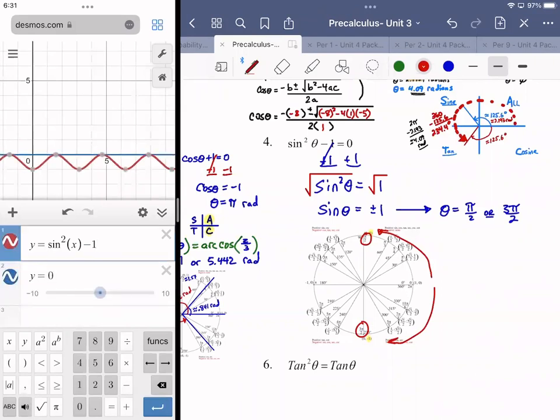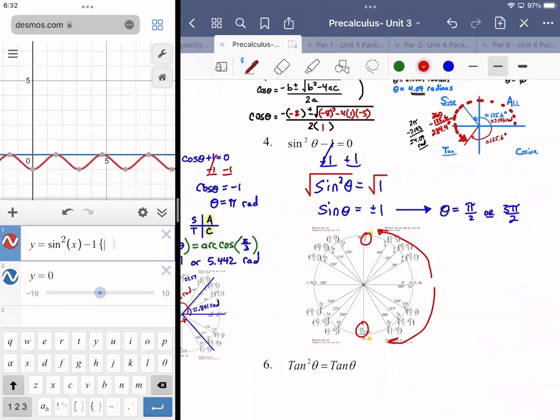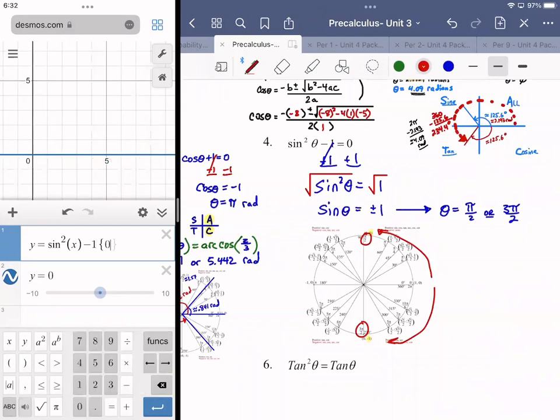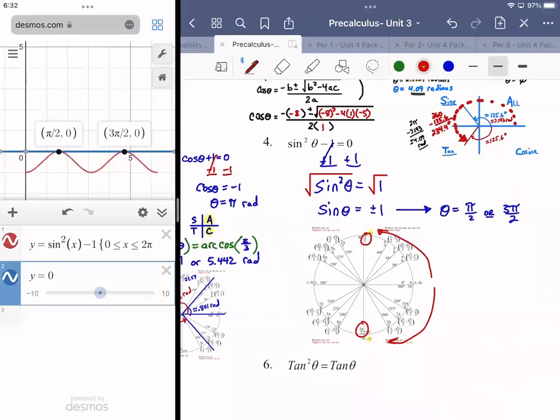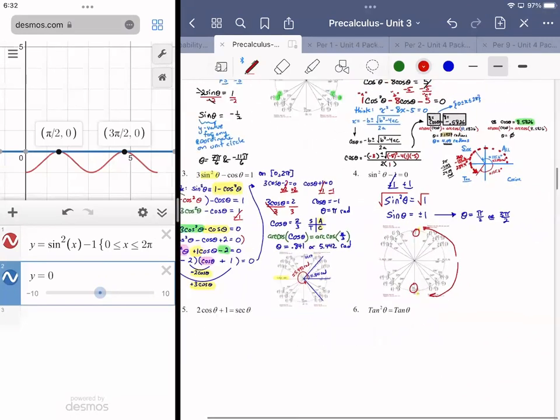Pop in my domain just for the funkier equation. You do it for both, but you really only need it for the one. So 0 less than or equal to x less than or equal to 2 pi. We got our two solutions here. You can see them. One right here, one right there. Let it do the work for you. Much easier if you have the choice in the math.